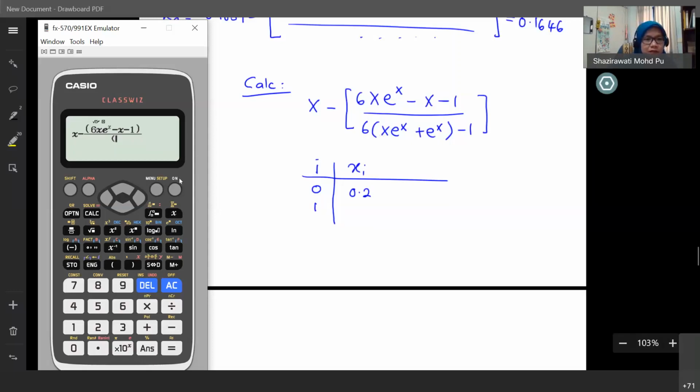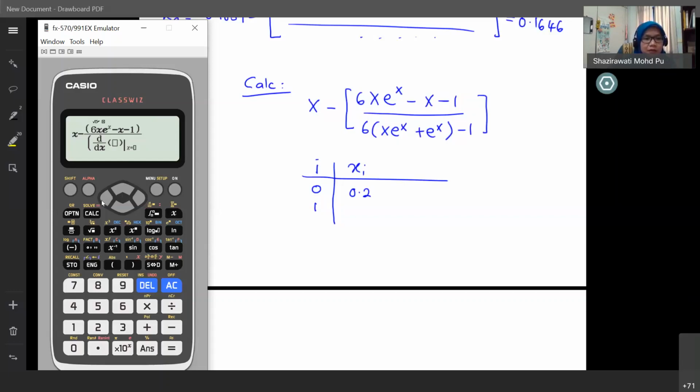But if your calculator has this d dx, you can use shift that, meaning that the calculator will evaluate the product rule implicitly for you. So in the bracket you just put your actual fx. The derivative will be evaluated by your calculator.